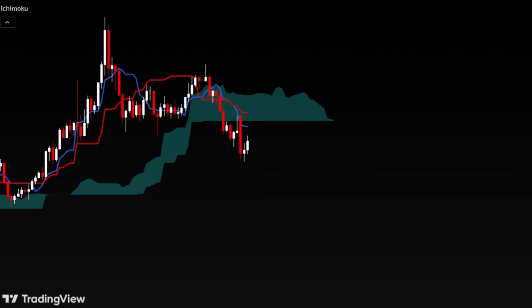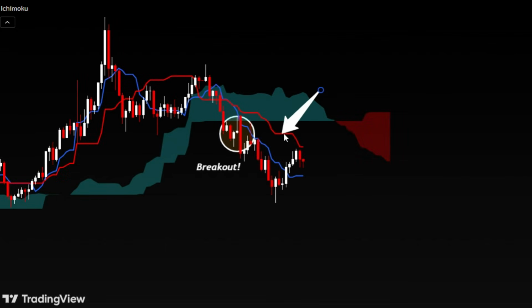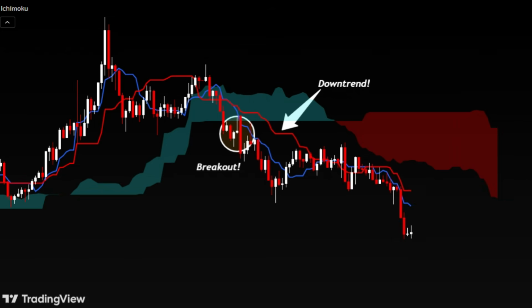Watch what happens when the candles break out of the cloud. Just like in this example, this kind of breakout can signal an opportunity because a major support zone has been breached. Once that breakout occurs, notice how the conversion line and baseline start following the trend. All the data aligns, suggesting that this downward move has a strong chance of continuing.